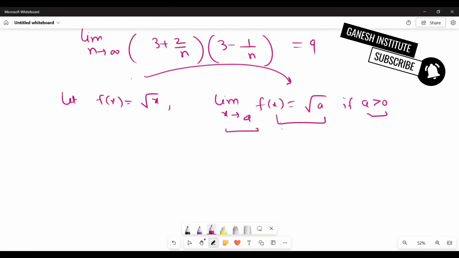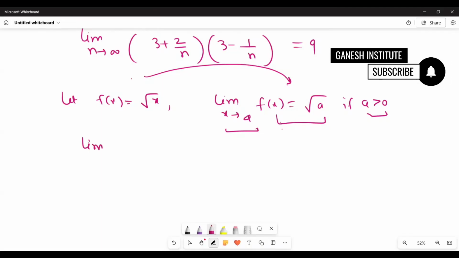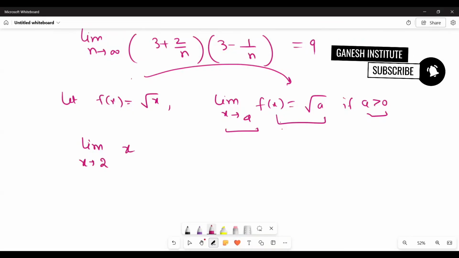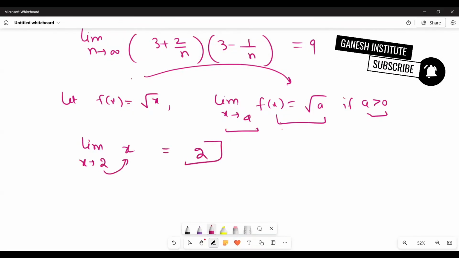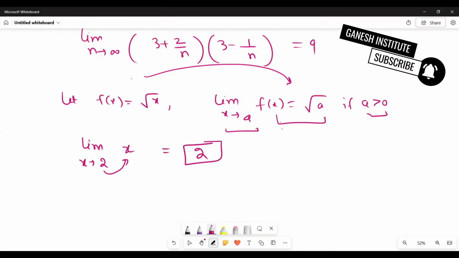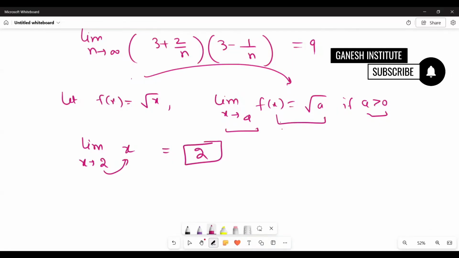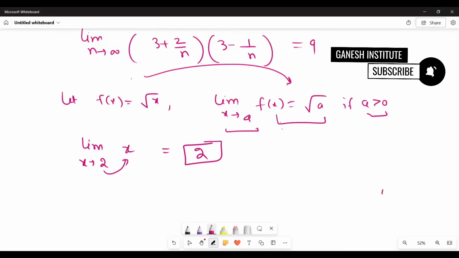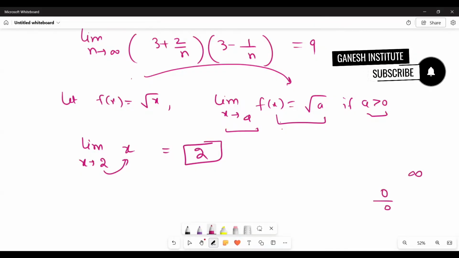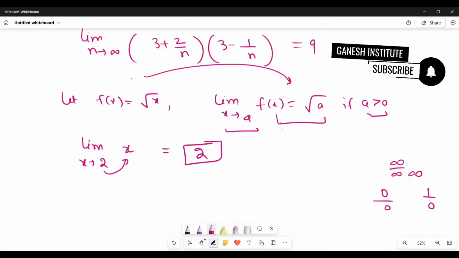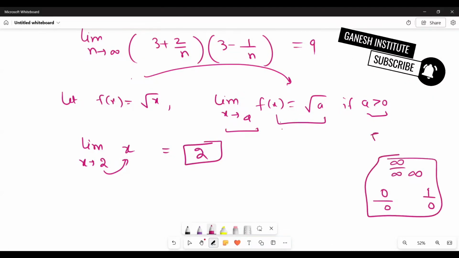So if I have to find out the value of a limit, I can simply put down the value of the limit and I'll get the answer, if it is not in the indeterminate form. What do you mean by indeterminate form? Indeterminate form means 0 by 0 form, infinity forms, 1 by 0 form, infinity by infinity form. These are not defined, or indeterminate.